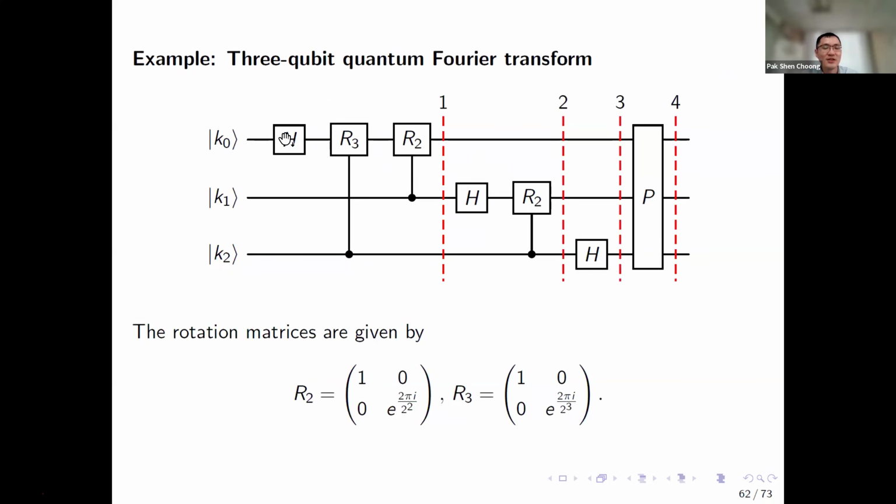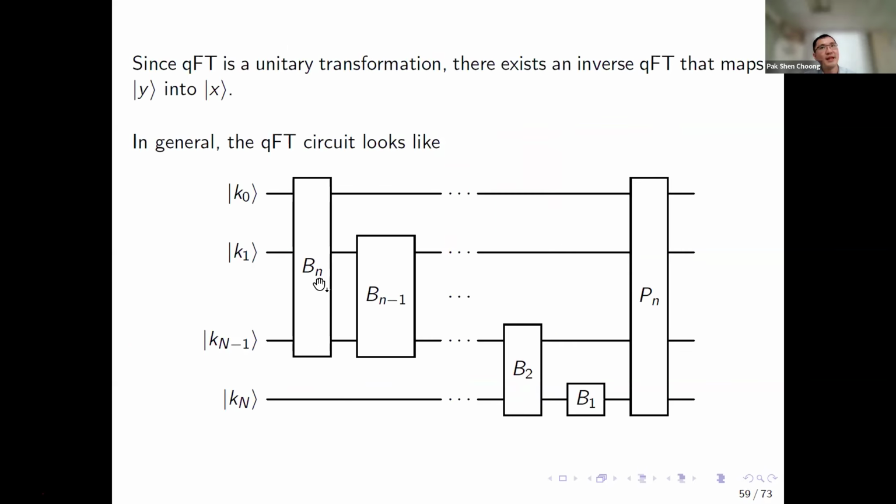So basically, I break it down into steps. For example, for the first step, what will the state look like? It will be after you perform Bn, B3 in this case. Bn basically covers all the qubits, and then Bn minus 1 covers one less qubit, and so on and so forth until you reach B1.